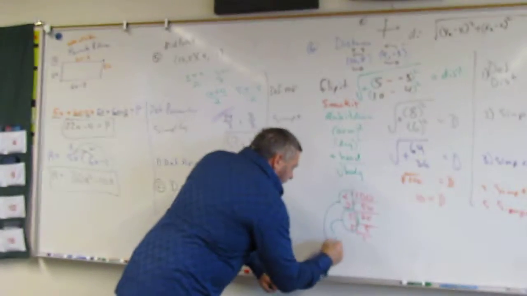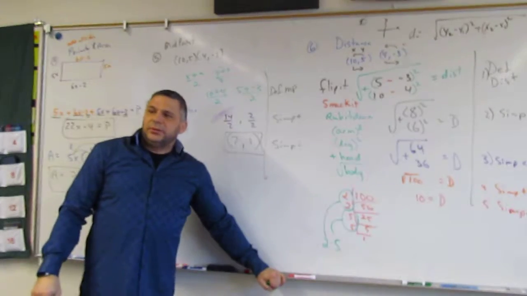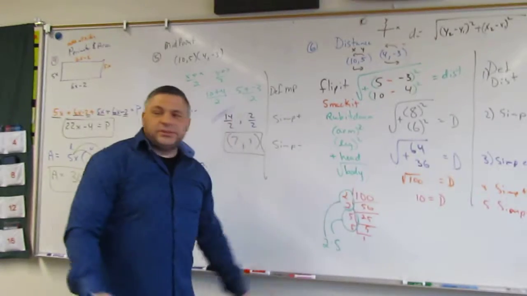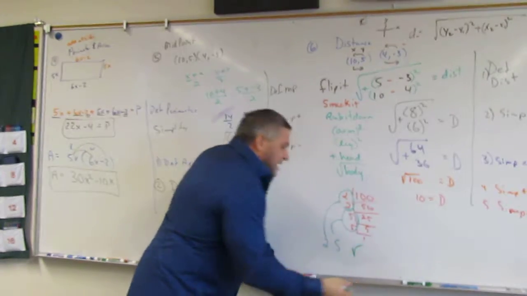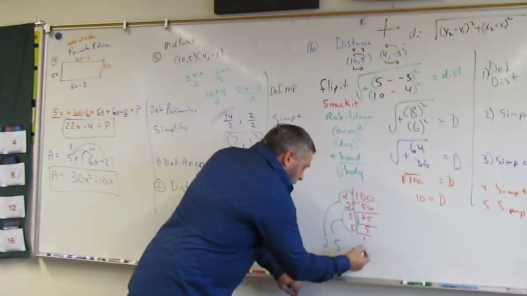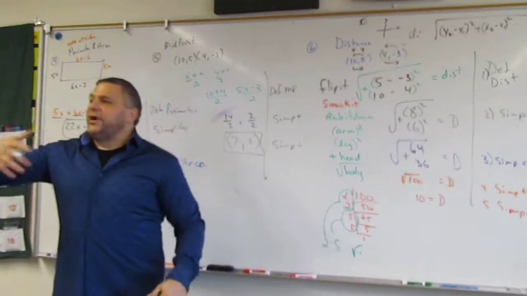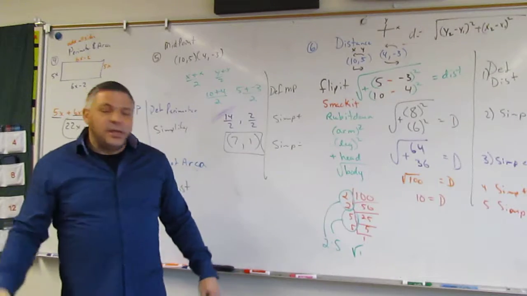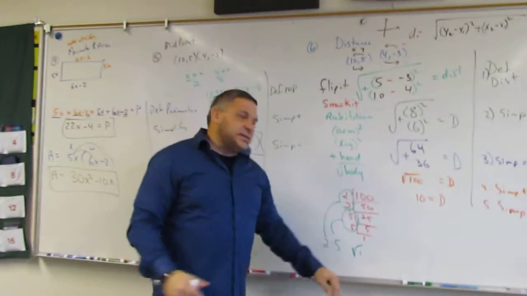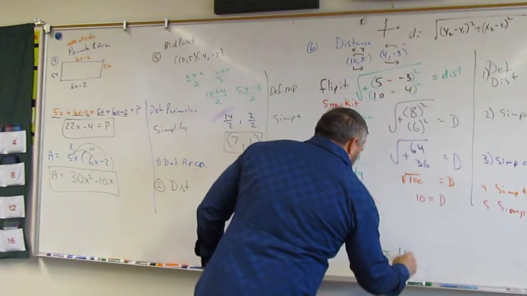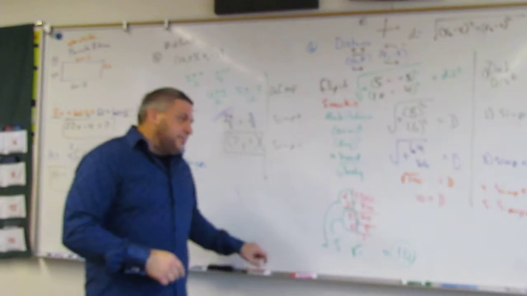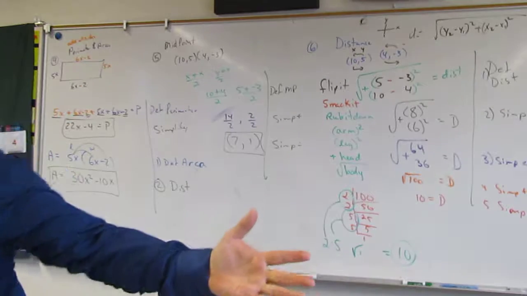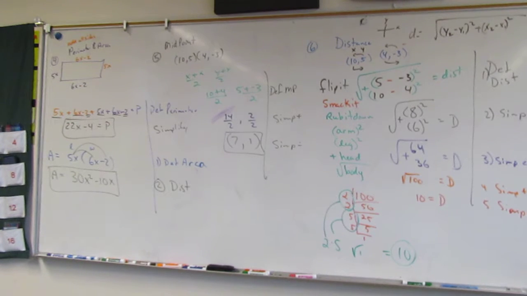If there's anything left, which there isn't, it would go in the radical. But there's nothing left, except the 1, but the square root of 1 is 1. So 2 times 5 times 1 is how much? 10. And that's how you do it.